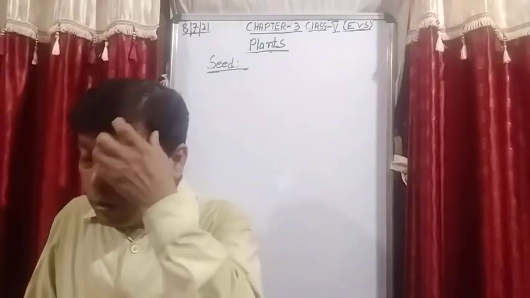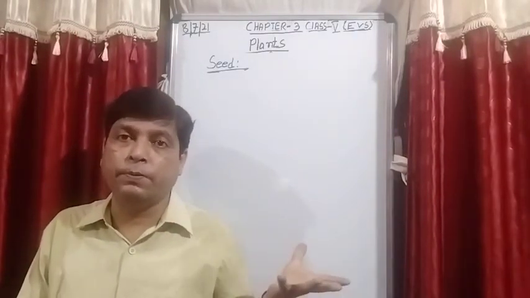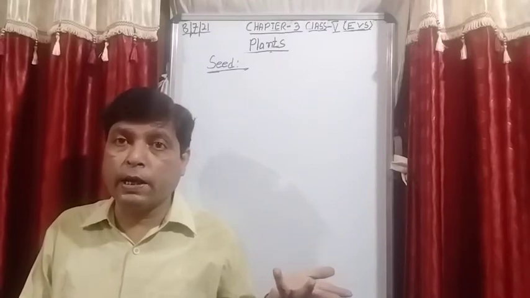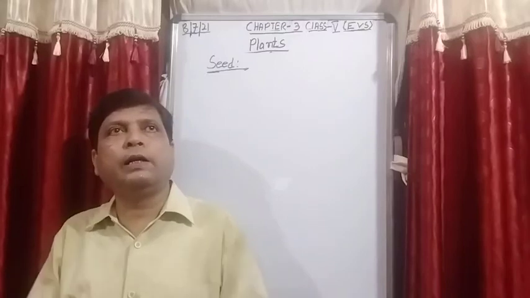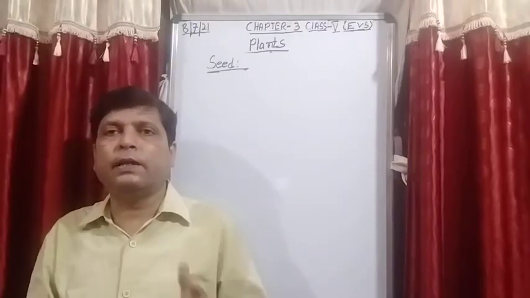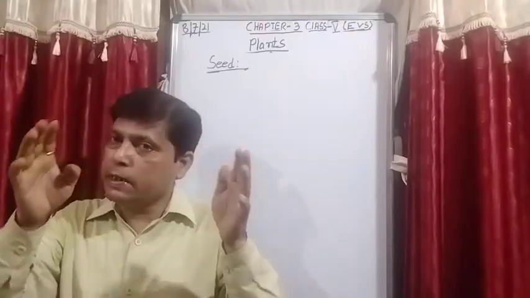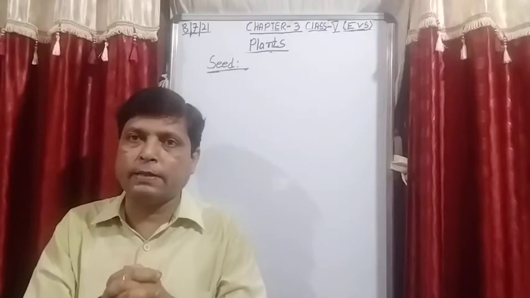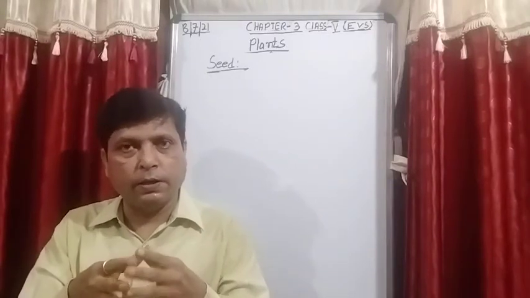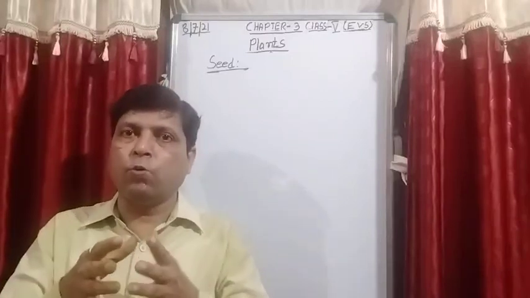In the morning you will see the seeds become bigger. Now the question arises, how? The reason is that, students, inside the seed there is a baby plant. All seeds have an outer covering, and we call this outer covering the seed coat. Is it clear?